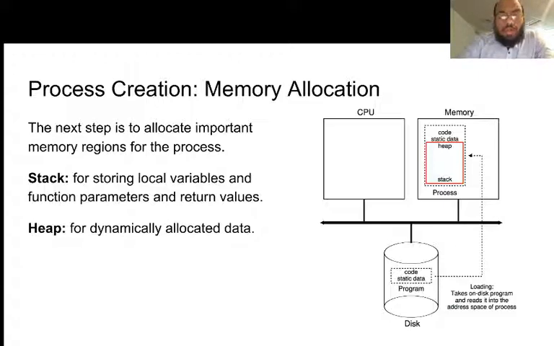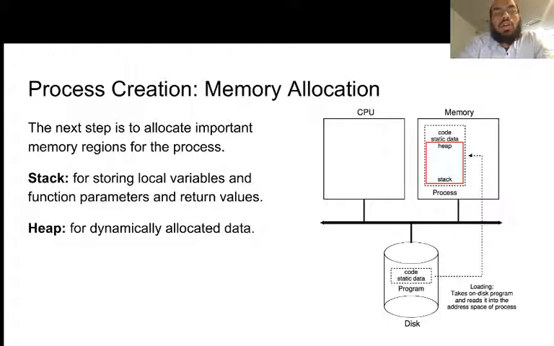Once you have the code in place, you want to allocate important memory regions. You want to allocate the heap and the stack. The heap is for dynamically allocated data, and the stack is for storing local variables, function parameters and return values.